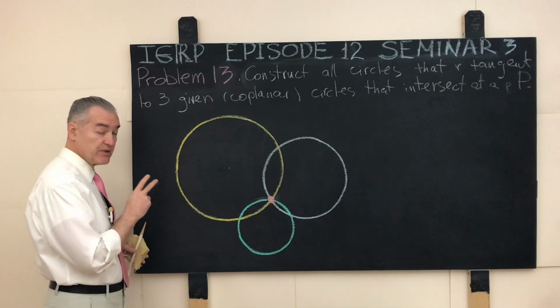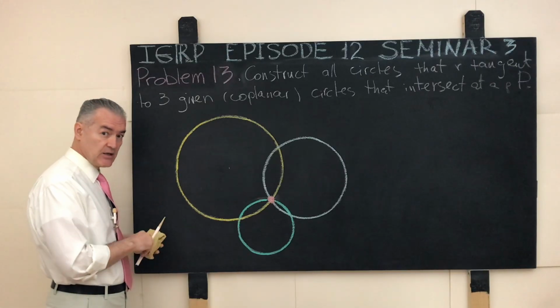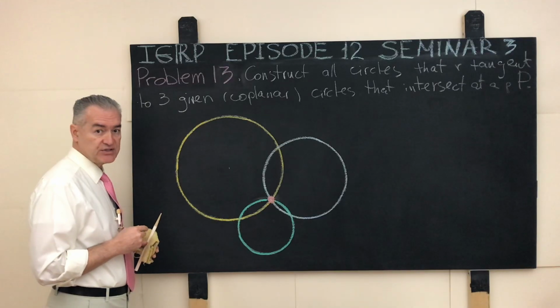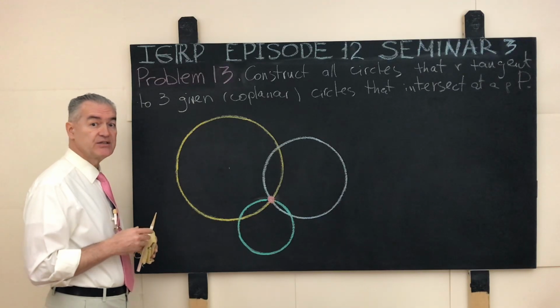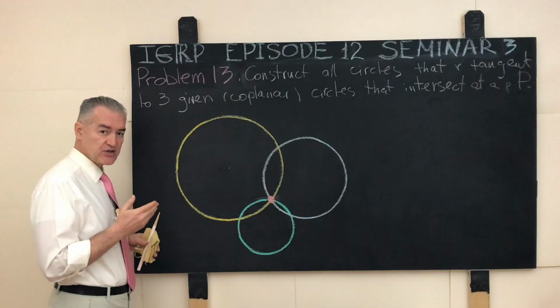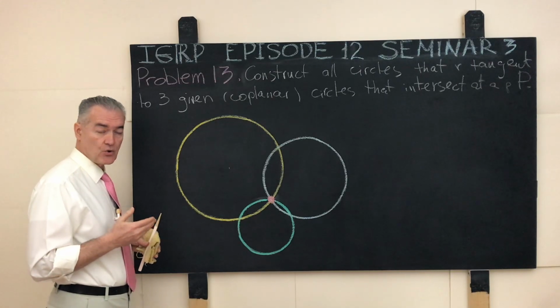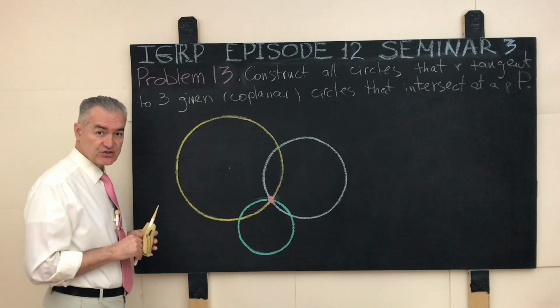In this case, there will be three distinct points of tangency, and each one of these points is unique. Why is that? Because each such point is the limiting position of a secant straight line.